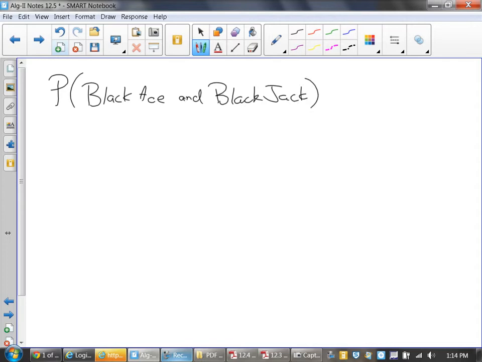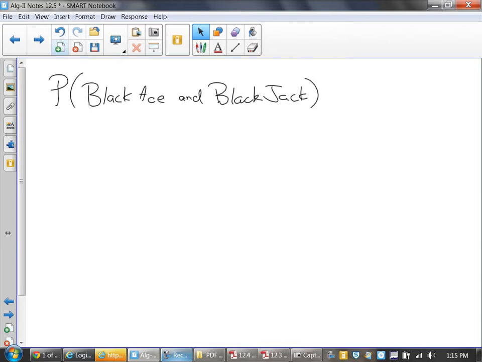Not good. So if you want to think about the idea of getting dealt 2 cards and getting blackjack, that means in order to get the true blackjack, you'd have to get a black ace and a black jack. Now, it doesn't really matter which one comes first. And that's not going to really mess our theoretical probability for this to occur because there's still, however many aces and however many jacks in the hands.